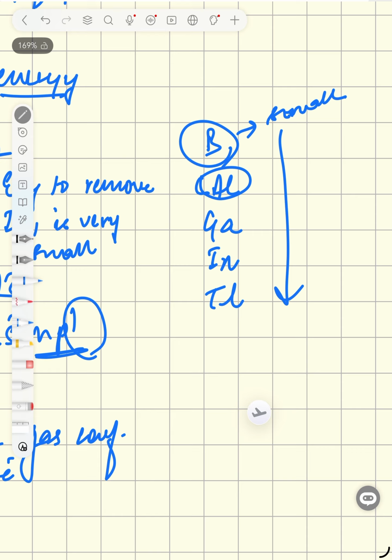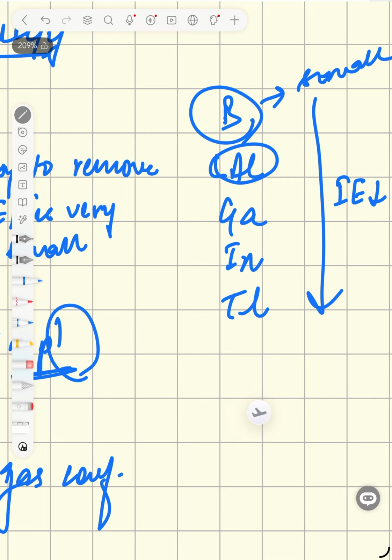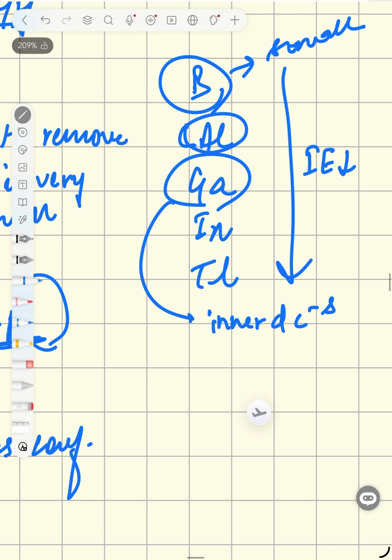There is a sharp decrease of ionization energy from boron to aluminium. But in case of gallium, inner d electrons are present. These inner d electrons have a very ineffective shielding power as compared to s and p orbitals.